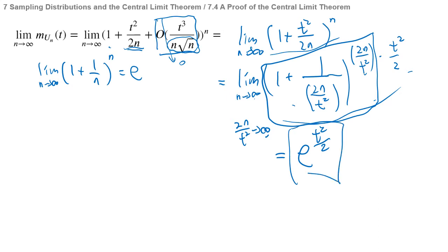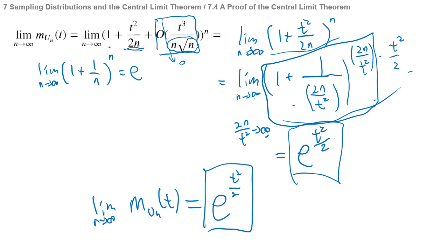And this is the moment generating function for the standard normal distribution. So what we know is that the limiting distribution, as n goes to infinity, m_un(t) goes to e to the t squared divided by 2, and this is the moment generating function of the standardized normal.